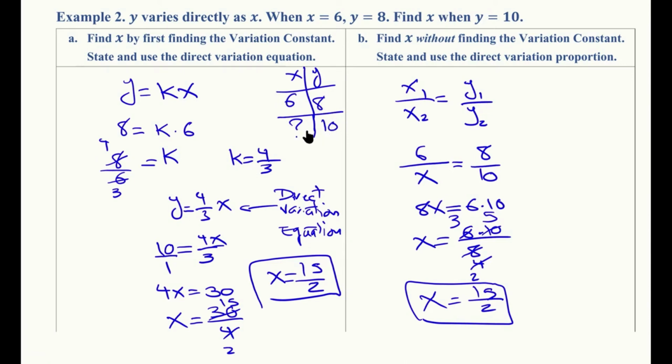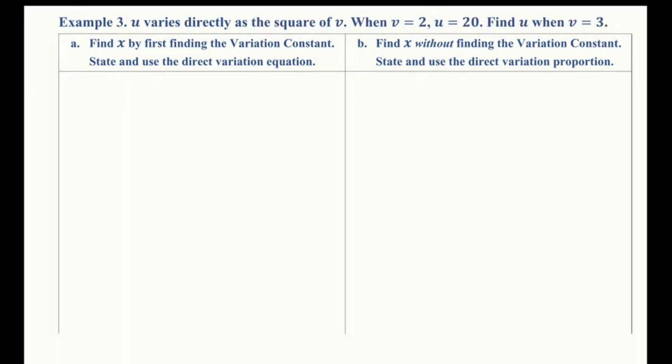Since they're all known, we just used x here for simplicity, so we don't have to keep using a subscript. And then we just solve for it, and we get x equals 15 over 2 when y equals 10. Okay, they're very simple. It's an important concept, variation, but the notions are not very difficult.